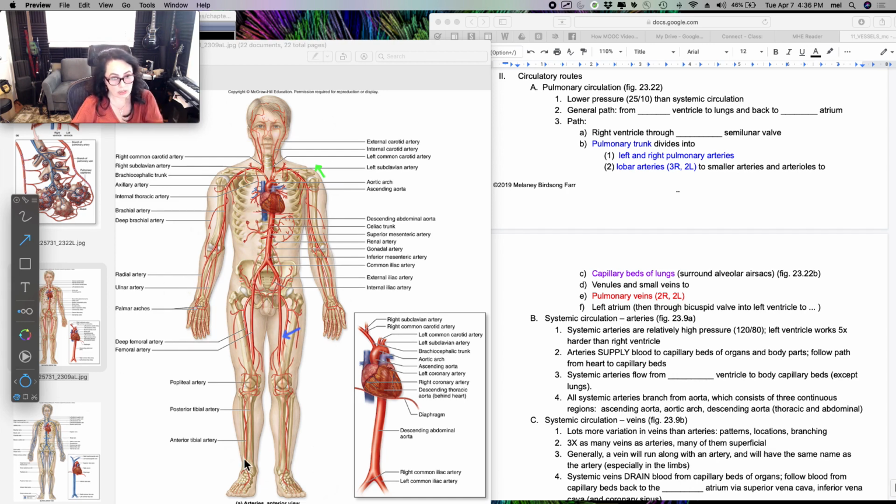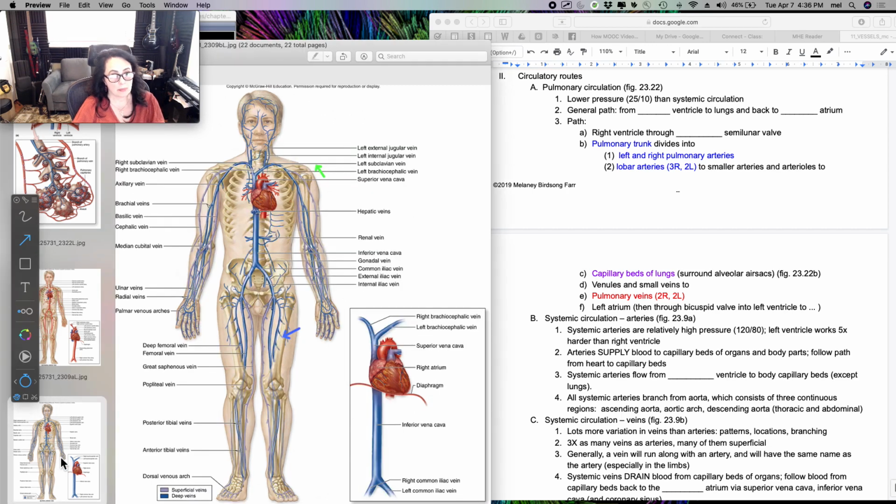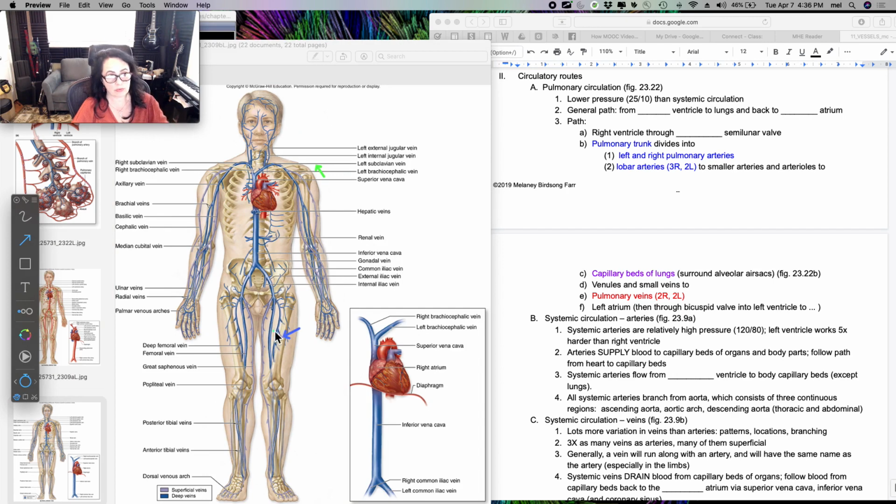So think about directionality when you're doing that. But veins don't supply. Veins drain. So if I were talking about that femoral vein, I would say that femoral vein is draining blood from, for instance, the muscles of the thigh back into systemic circulation.